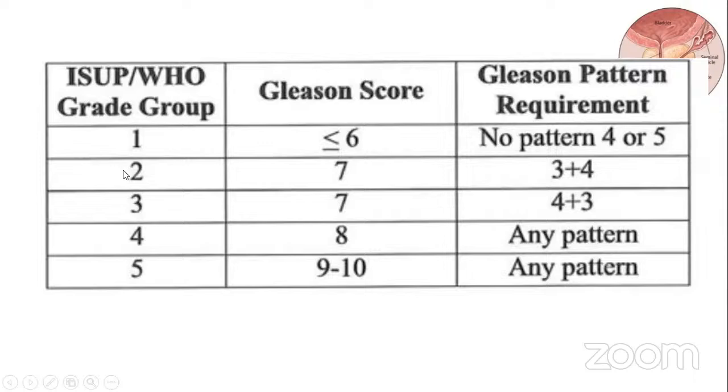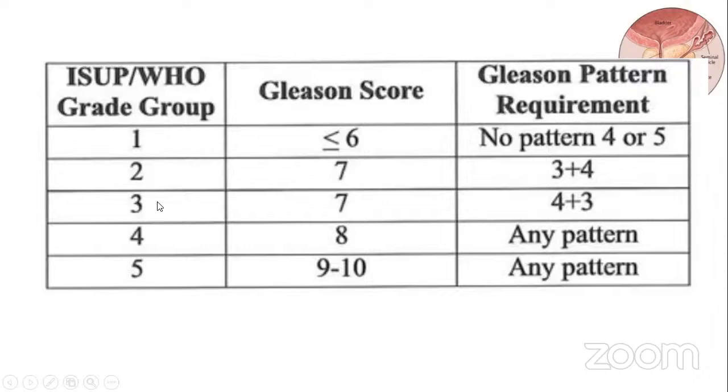Grade group 3 is Gleason score 7, and the Gleason pattern required is 4 plus 3. Grade group 4 is Gleason score 8, with any patterns. Grade group 5 is Gleason score 9 to 10, with any patterns required.